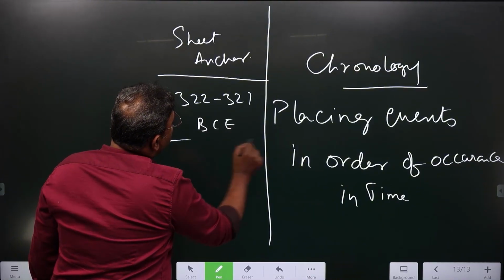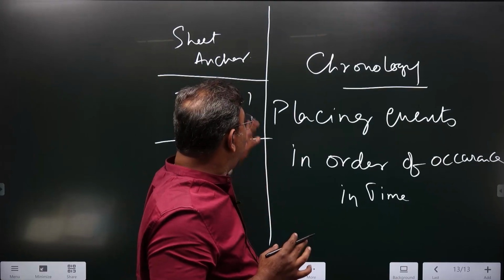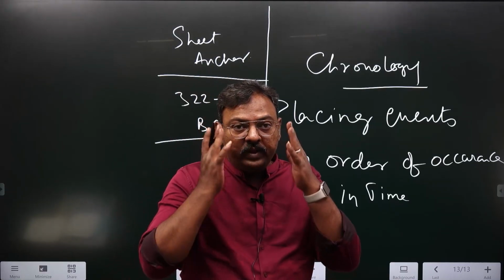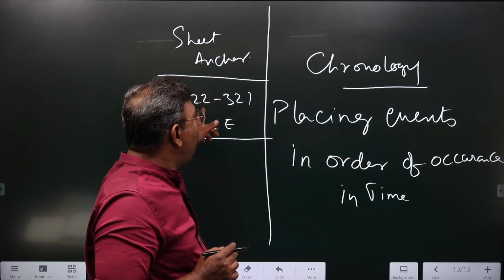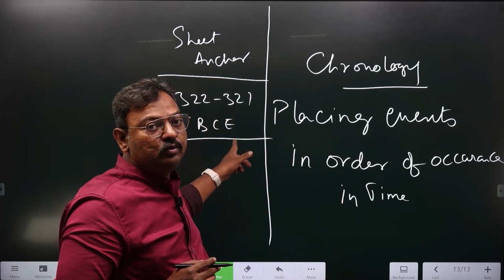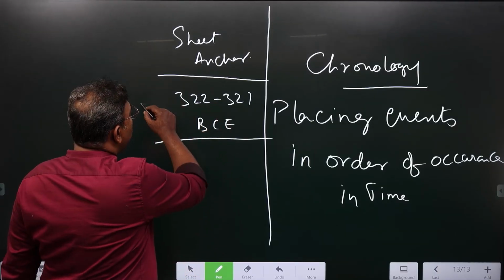Later on, even the Puranas give us the chronological order, and they also place Chandragupta Maurya's ascendancy, or the establishment of the Mauryan Empire, in 321 BCE.